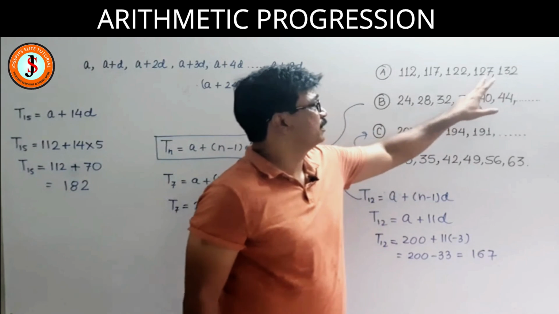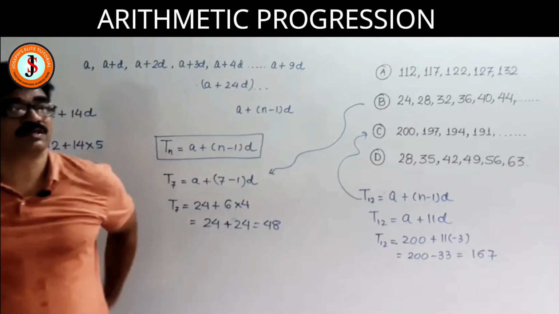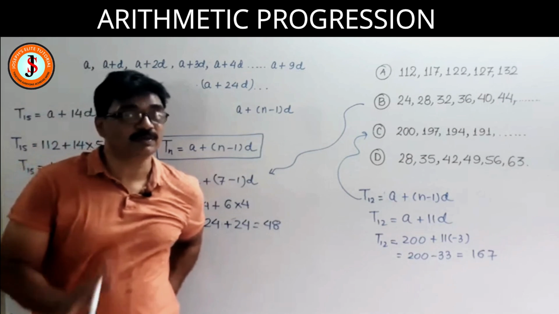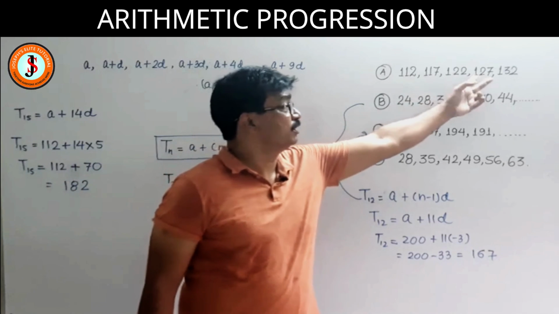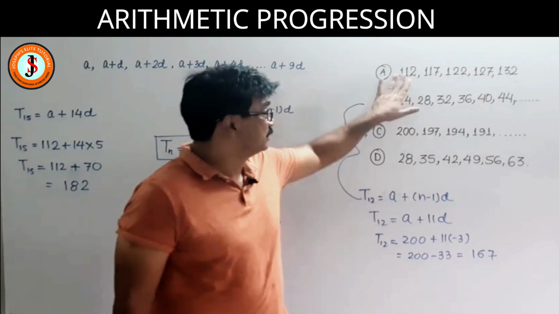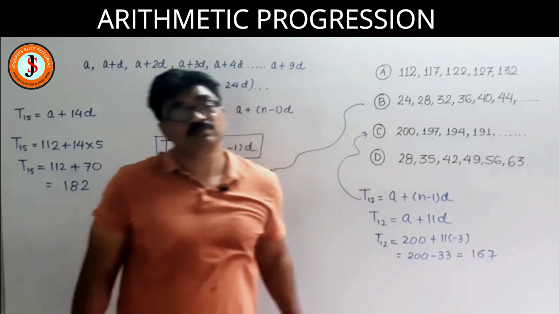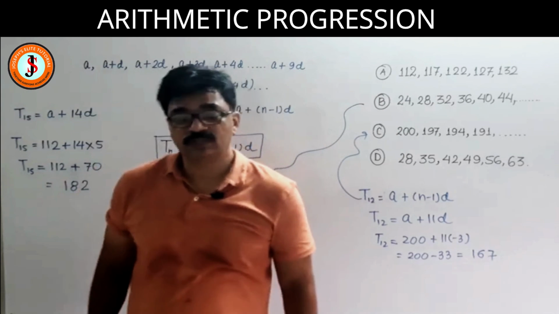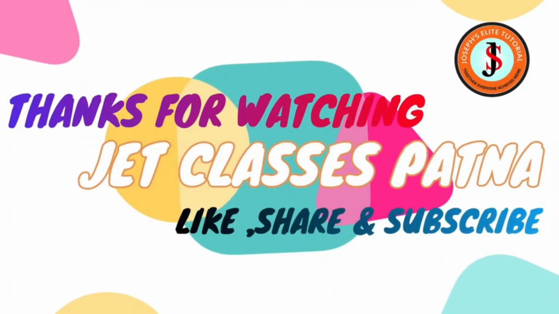So I write 132, 127 like that, then an AP remains an AP if it is inverted. The first term becomes 132 and the common difference will change sign. In this case, the common difference was 5, so if you reverse it, the common difference will be minus 5. So these are a few things you should know in the basic part of AP.